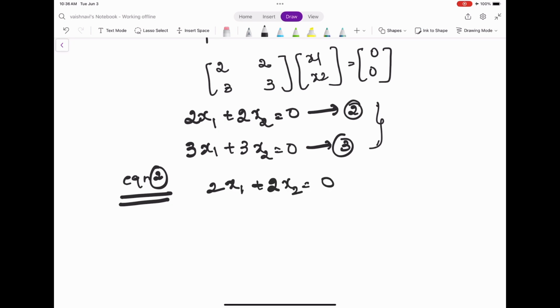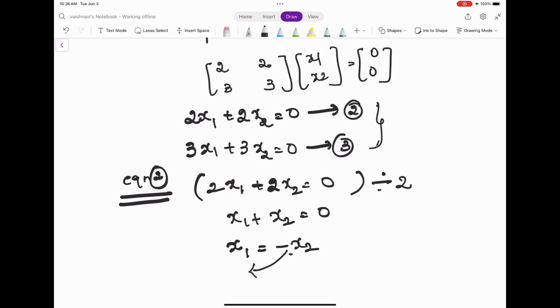Here we are seeing a common element, that is 2, so we are going to divide by 2. So x1 plus x2 is equal to 0. Let me take x2 to the other hand side, so x1 is equal to minus x2. Whatever coefficients x1 and x2 are having, we are going to bring down to their denominator.